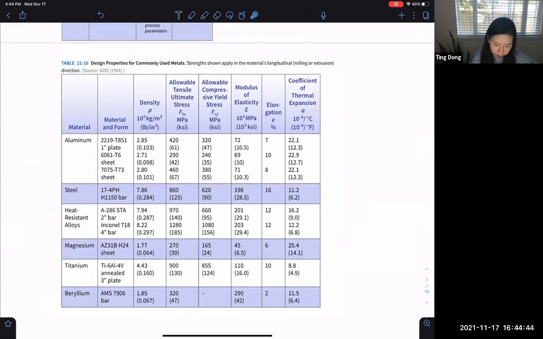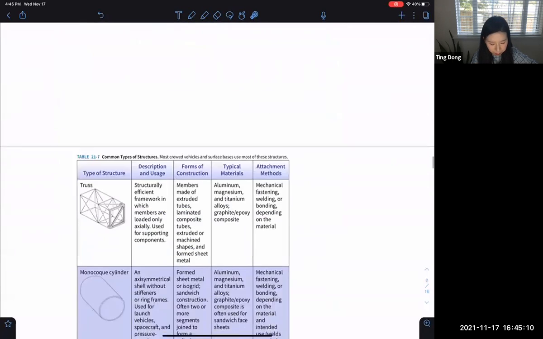The Young's modulus, yield strength, and tensile strength are quite different. So you really need to specify what kind of aluminum or what kind of steel material. This is the material property for each specific material. Some of the data we will use later in the example.